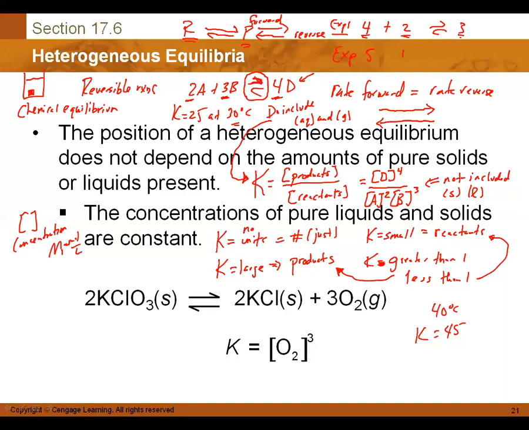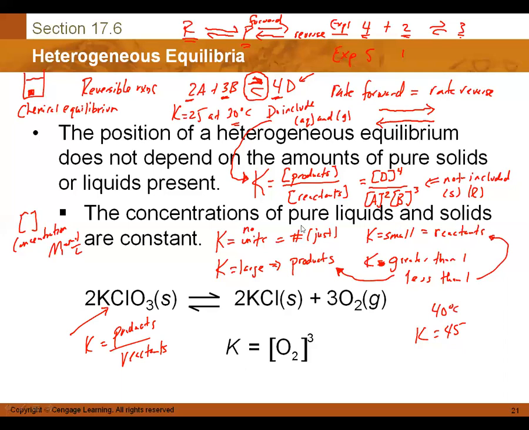So writing our equilibrium expression here for this one, where I think is where we left off, we would do our products divided by our reactants. Now, when we look at this, this is what was referred to at the end as a heterogeneous equilibrium.